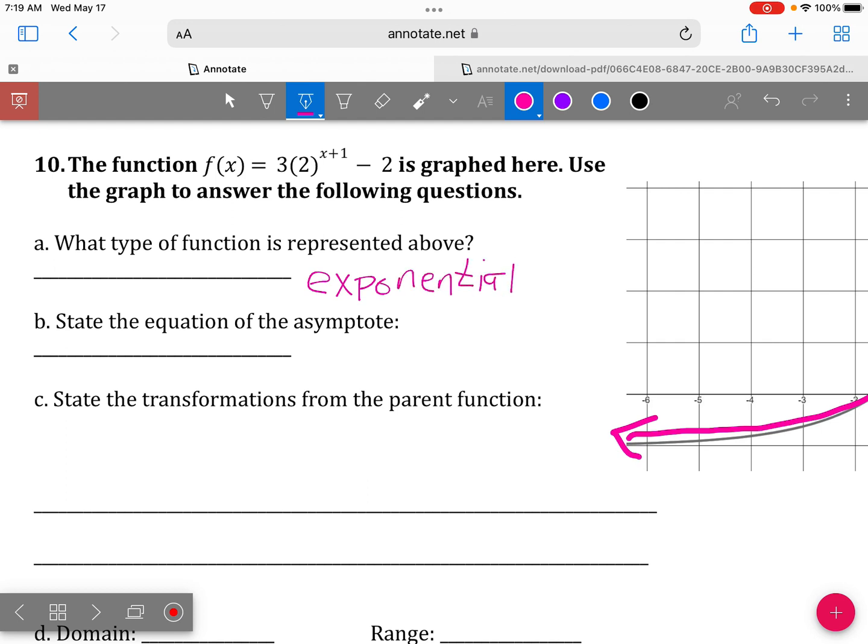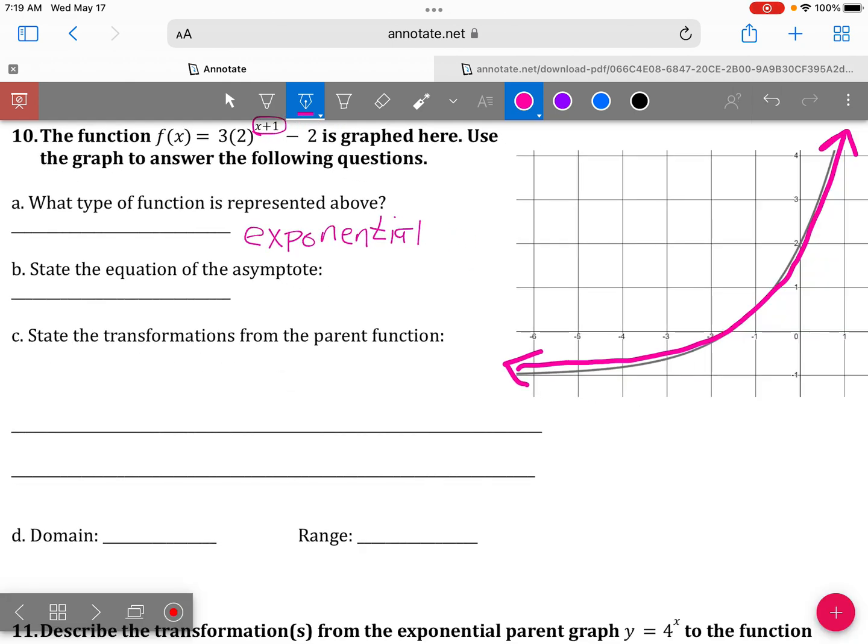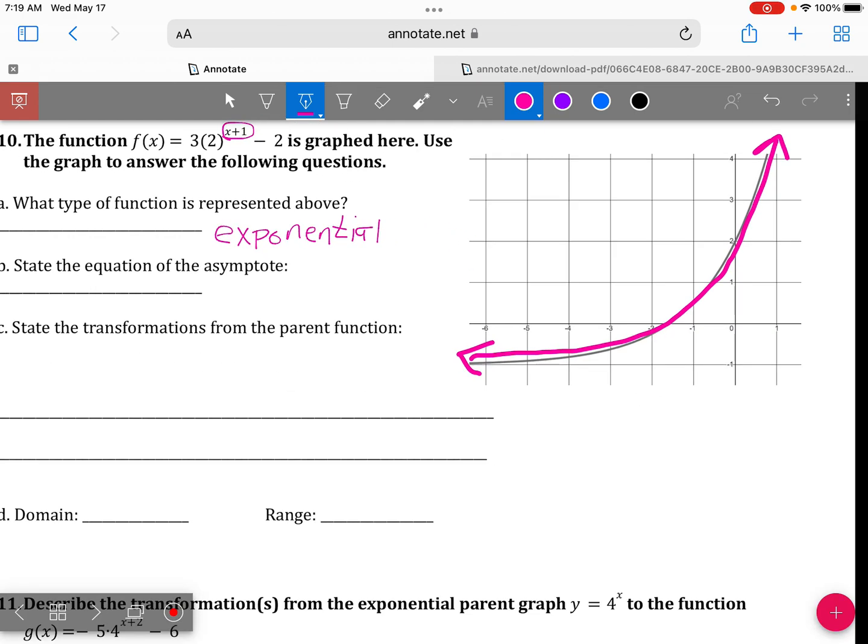We can tell that from the equation because there's an x in the exponent. Exponent, exponential. If there's an x in your exponent, it's an exponential. Then we're asked to find the equation of the asymptote. Remember, asymptotes are those walls that our graph can't cross through.